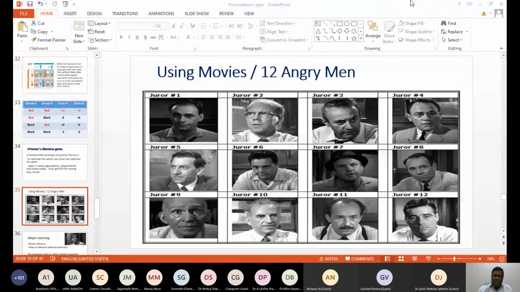For example, in the Lost at Sea game, synergy and groupthink. Groupthink is very important in a team situation. Sometimes the students may not speak up in a team situation, right? So others should be aware of this problem, and they have to encourage those who are silent to speak up.